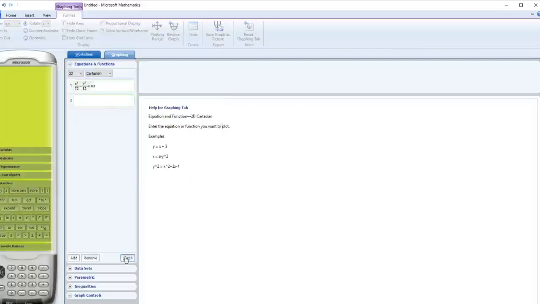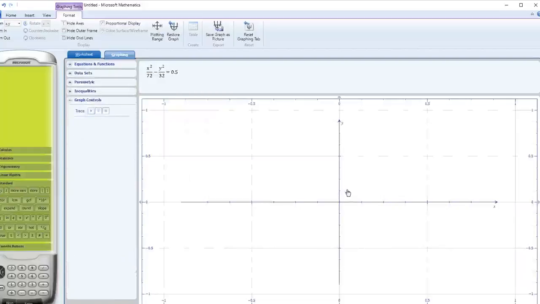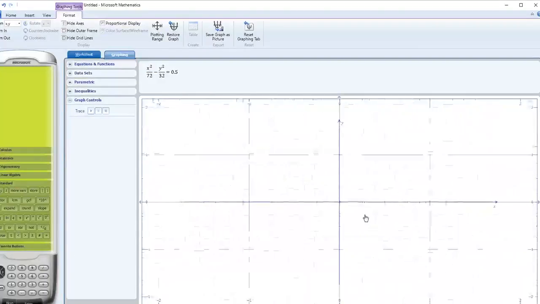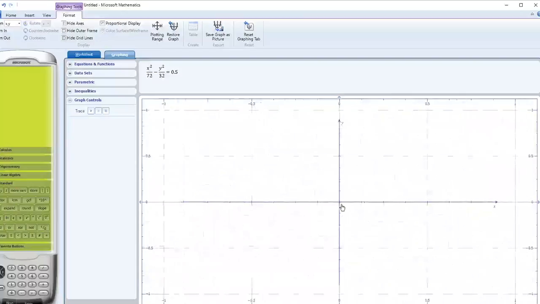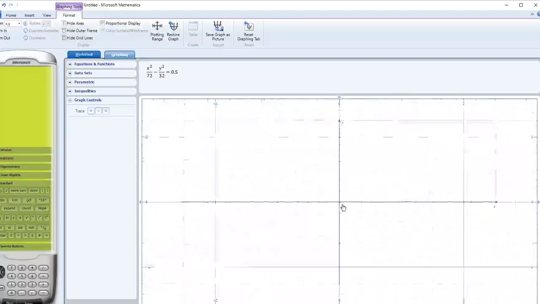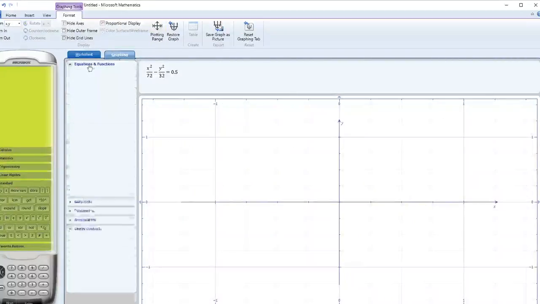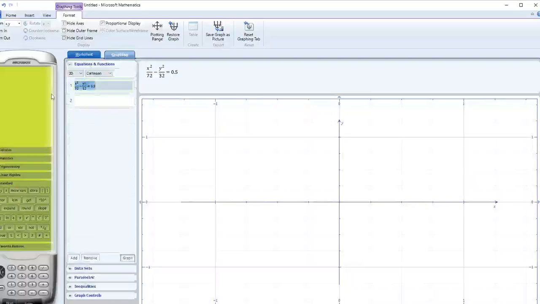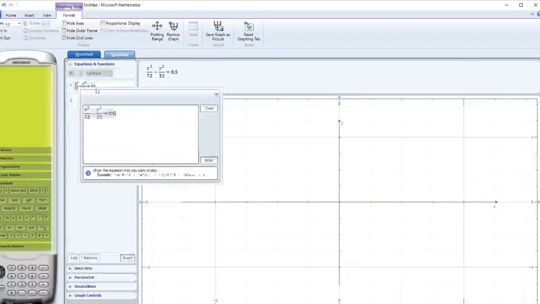So let's see, I don't think it's going to graph that. No, it couldn't graph it. Okay, because it's written in as a relation and not as a function, that's why it couldn't. So if you solve this in terms of y, then it would be able to plot half of it.